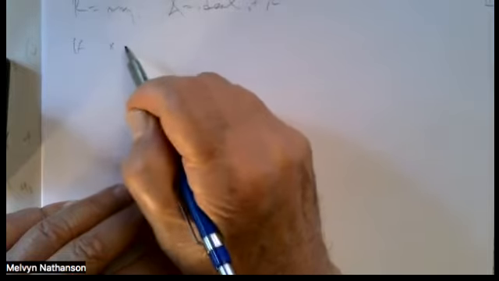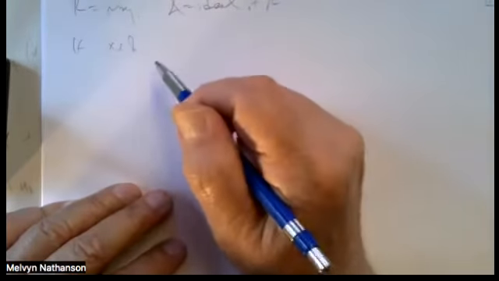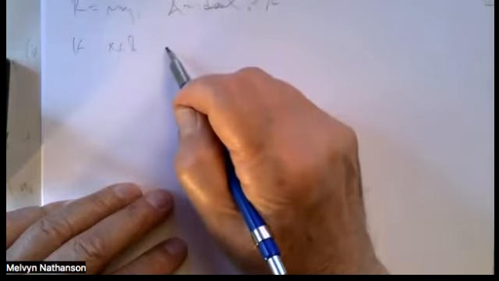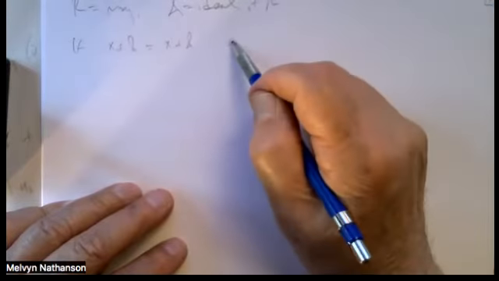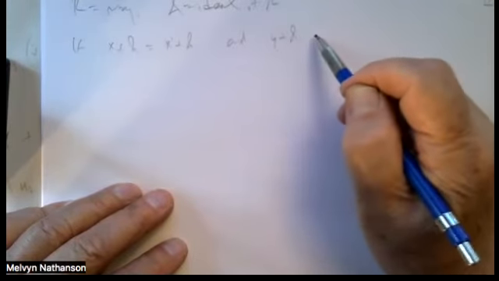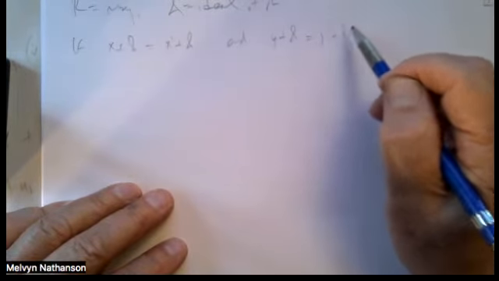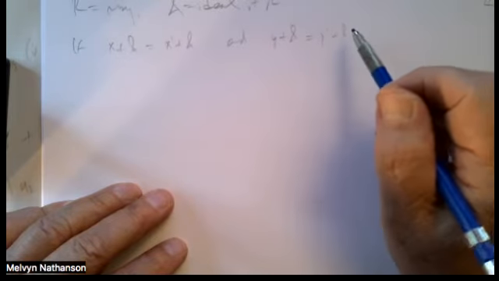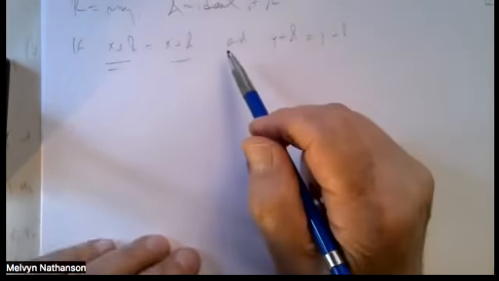Suppose you have x plus I, that's a coset, and that's the same as x prime plus I. And you have another pair of cosets, y plus I, which you also represent as y prime plus I. So I have one coset which I can represent in different ways.